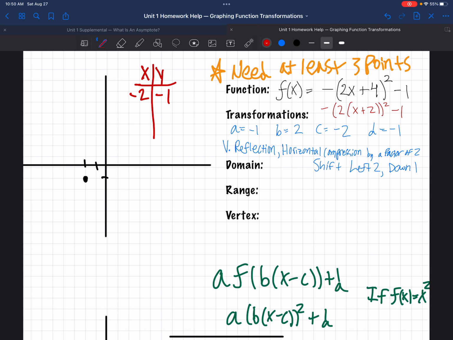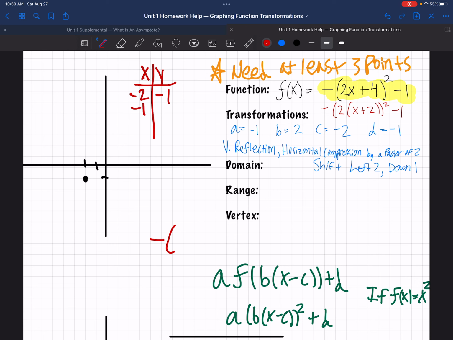I'll test one point to the right of the vertex. So it's at negative 2. Let's test out negative 1. It'll make my life easier if I plug it into this. I'm plugging in negative 1.